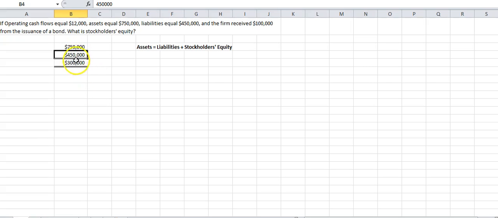Those are my liabilities. You could view liabilities and stockholders' equity as how the assets were funded. Okay, so as an owner, as a common shareholder, I own $300,000 of my 750,000 in assets.